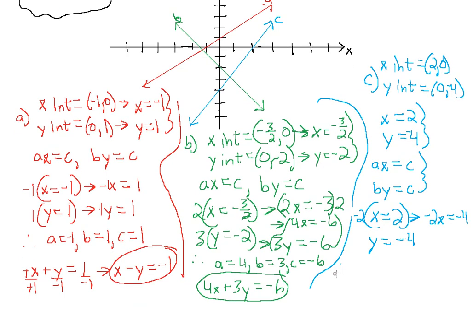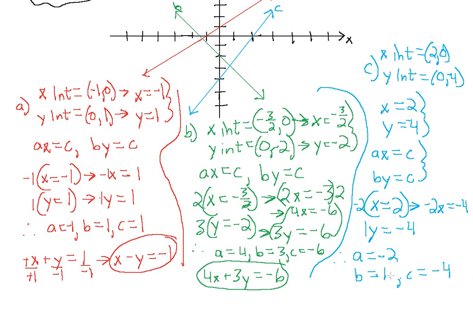So we can write that a equals minus 2, since minus 2x equals minus 4. We can write b is just 1, by equals c, and then c equals minus 4. Not a whole lot to it. Let's write out our equation. We have minus 2x plus y, because b is 1, equals minus 4.